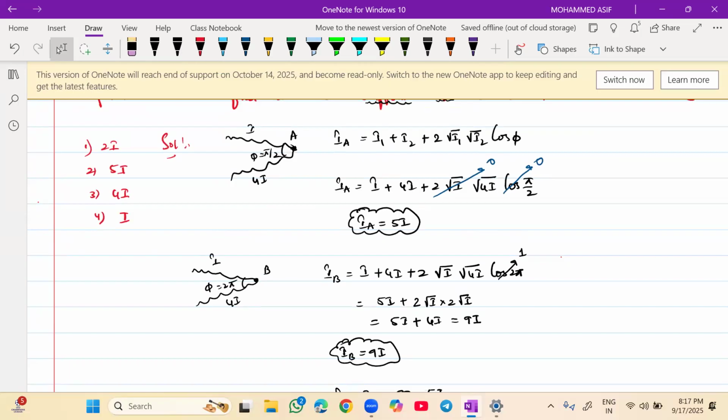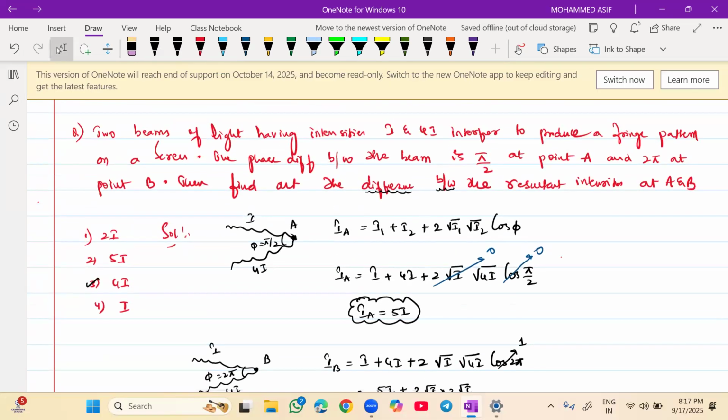Am I clear with this problem? Just go through it once again. Any doubt in this one?